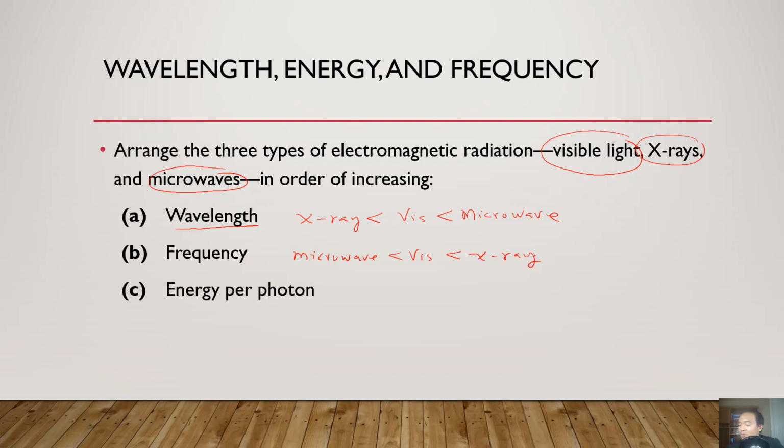Remember, energy per photon can be calculated by E equals h times nu. So the higher the frequency, the higher the energy for each photon. So it's exactly the same order as B. Microwave has the lowest energy out of three, visible light right in the middle, and the X-ray has the highest energy.